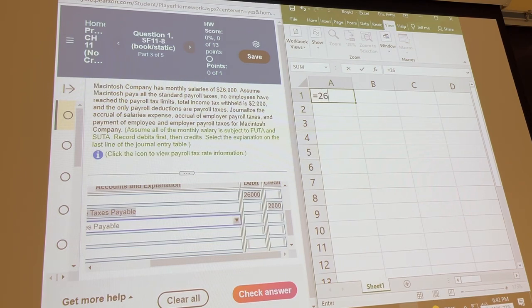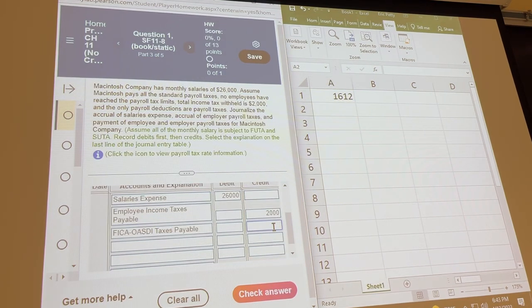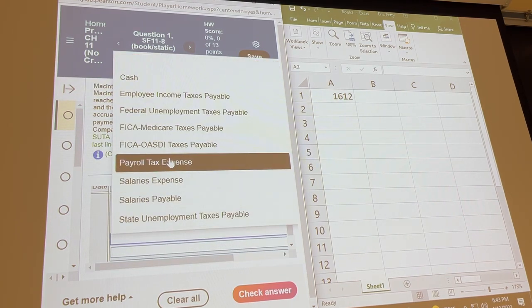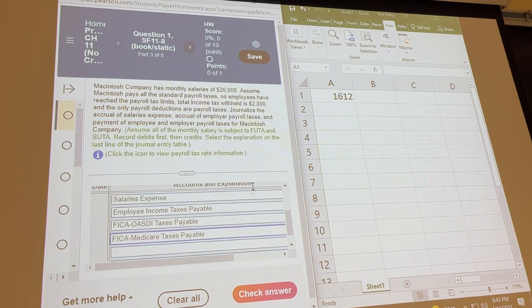So 26,000 wages times 6.2% would be $1,612. And then next we would do FICA Medicare taxes payable.